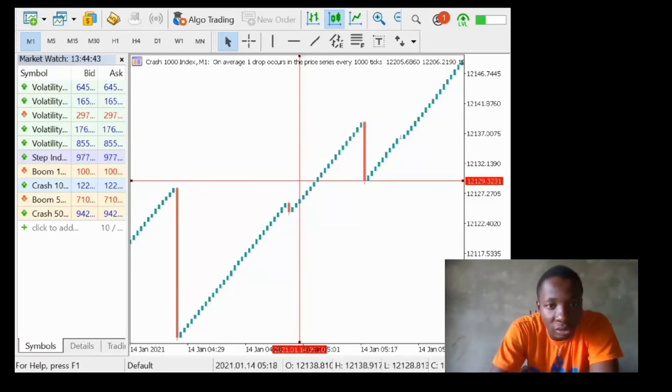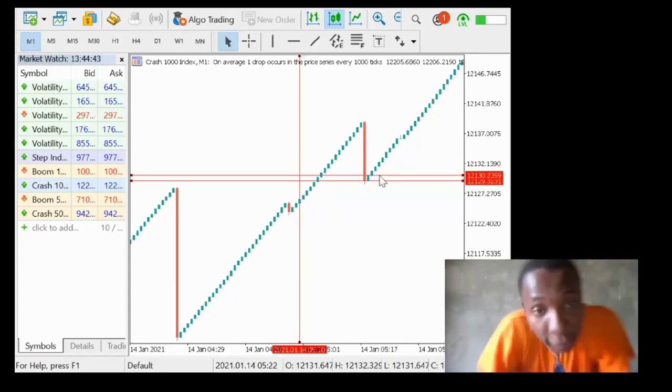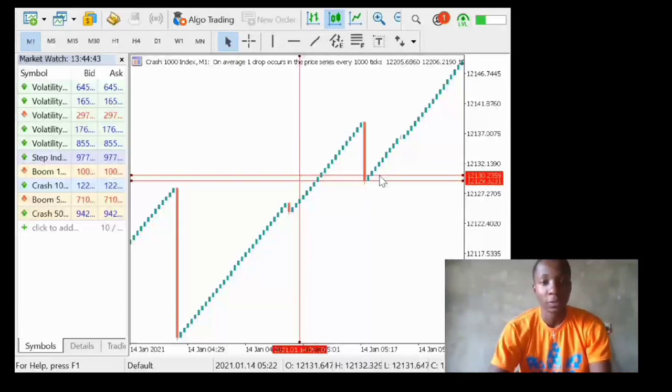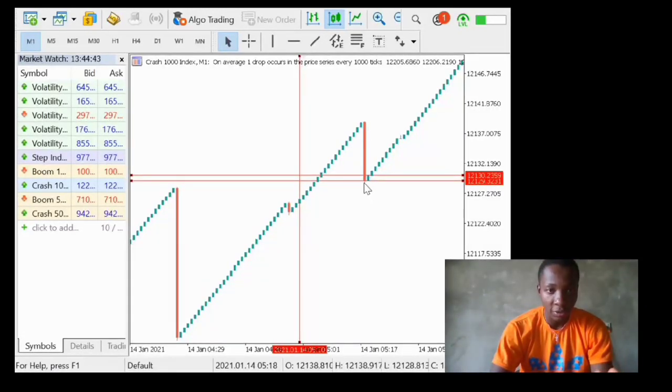Assuming we enter this trade and wait for this one to form, we exit the market at this point, and that is it. We are done with this trade. After the spike, the wick is formed, you enter a buy order, and you exit after one candlestick.